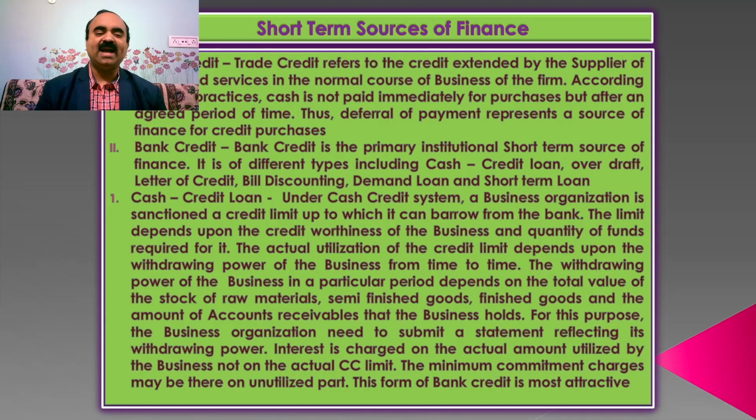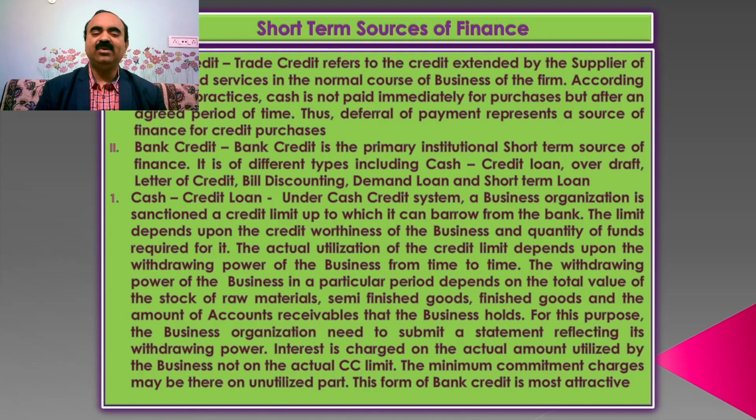1. Cash credit loan. Under cash credit system, a business organization is sanctioned a credit limit up to which it can borrow from the bank. The limit depends upon the credit worthiness of the business and quantity of funds required for it.